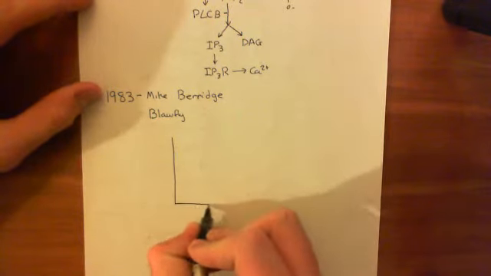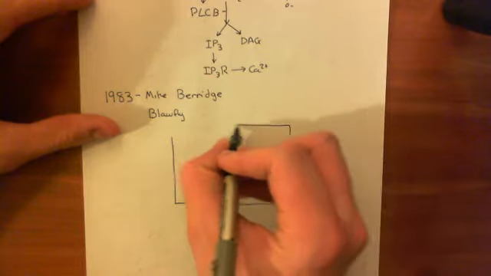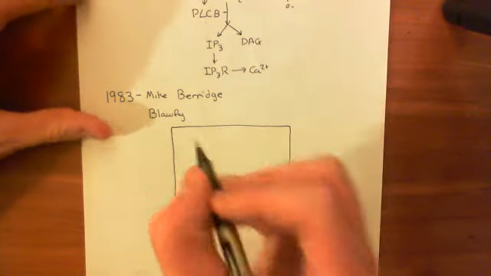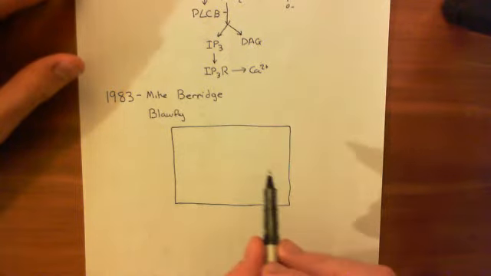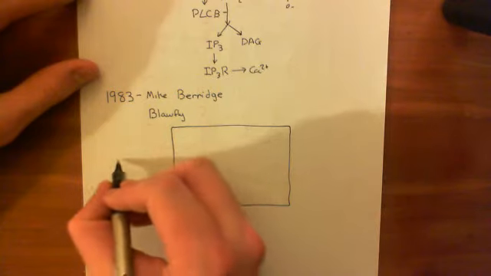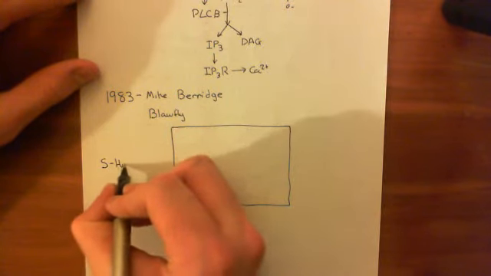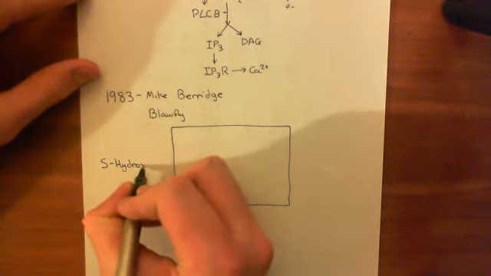So basically, if this is a cell on the salivary gland of the blowfly, which is going to secrete saliva, then it's stimulated to start secreting saliva by 5-hydroxytryptamine, or serotonin, basically.